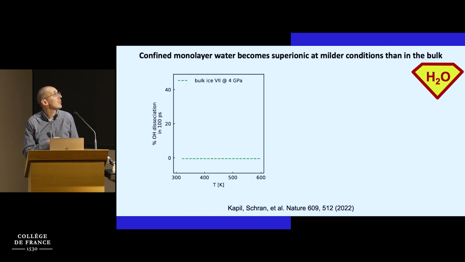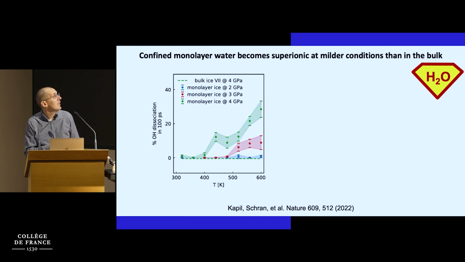In bulk ice 7, the phase that becomes superionic, at these conditions, 4 GPa, you get no bond breaking events. In the nano-confined water, as you go from 2 GPa to 3 GPa to 4 GPa, you start to see the significant onset of proton hopping events, of bond breaking events. At 4 GPa, about a quarter of the OH bonds have broken in this very short 100 picosecond time interval.